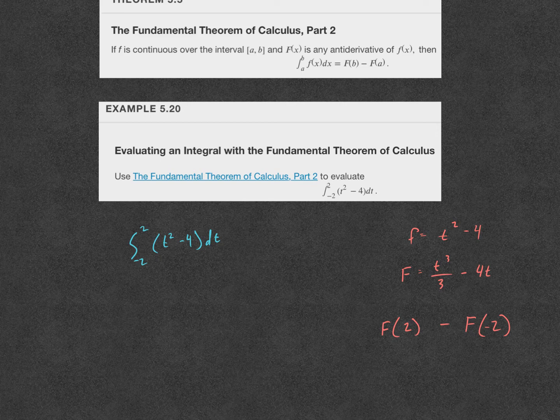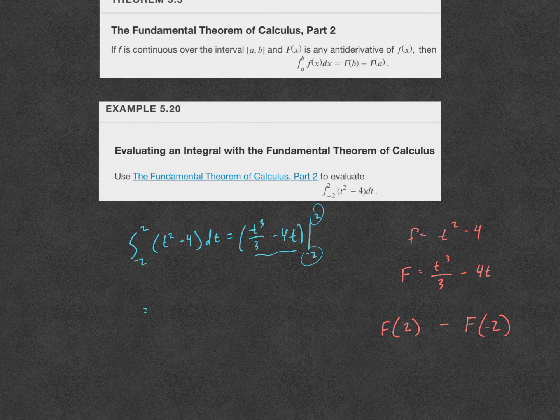The way that we'll write this normally, in practice, is I'm going to say that integral is equal to t cubed over 3 minus 4t in parentheses, and then I'm going to write a vertical line, -2 at the bottom, and +2 at the top. And that's a straight vertical line, not a curvy one. What that means is this is my antiderivative evaluated from -2 up to +2. And we always substitute in top minus bottom.